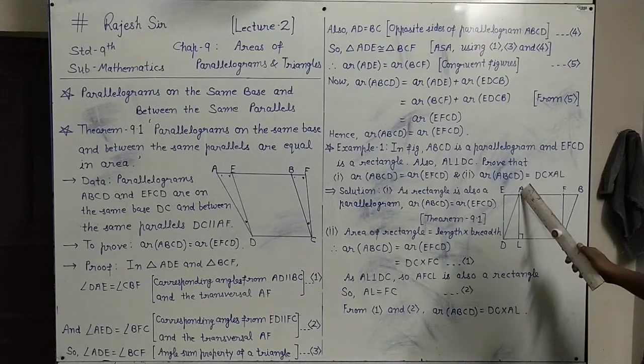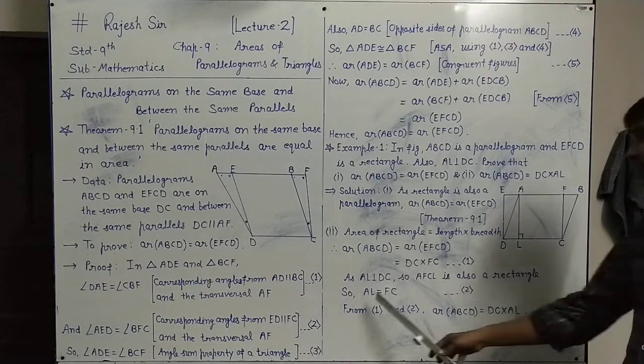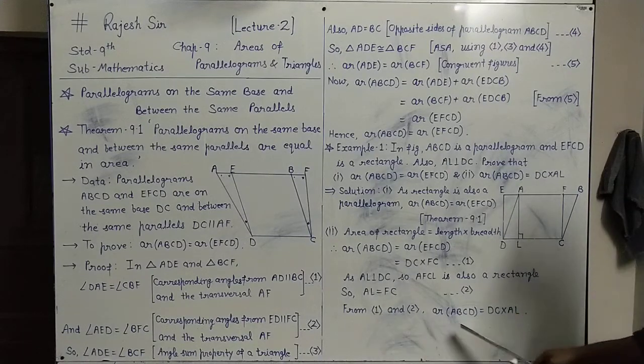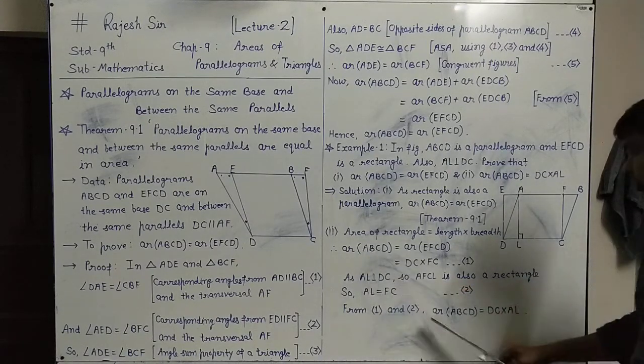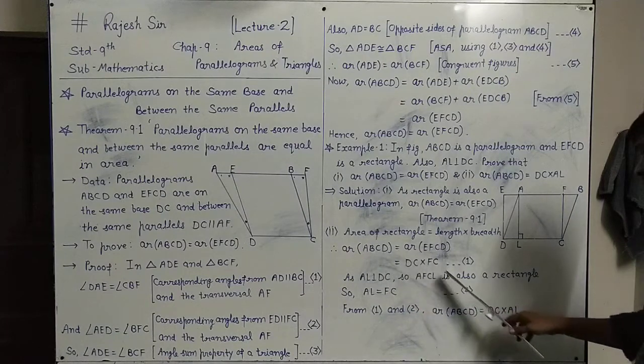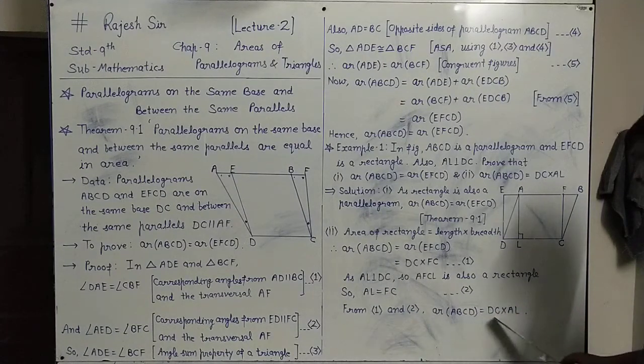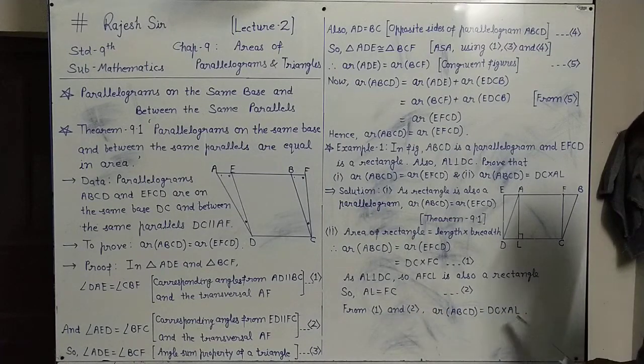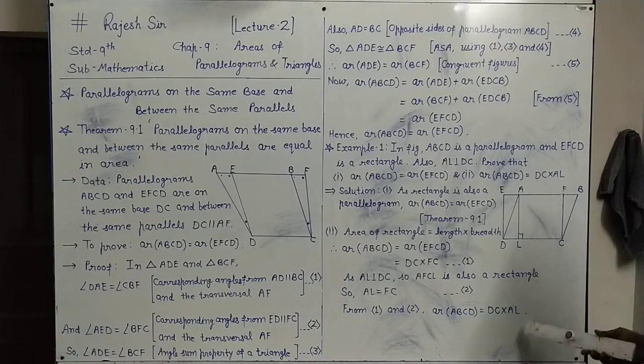Therefore, its opposite sides are equal, so AL equals FC, say result 2. Now from 1 and 2: in 1 we have area of ABCD equals DC into FC. In place of FC we can write AL from 2. So area of ABCD equals DC into AL, and that is the second part done.